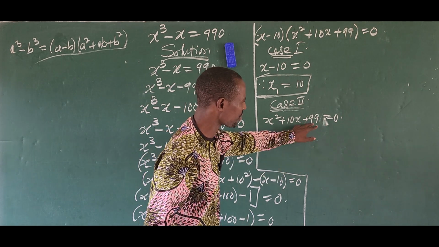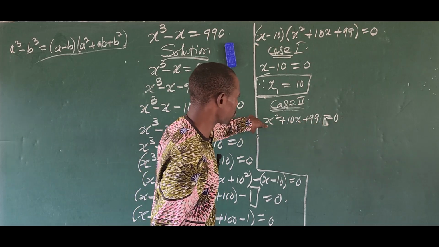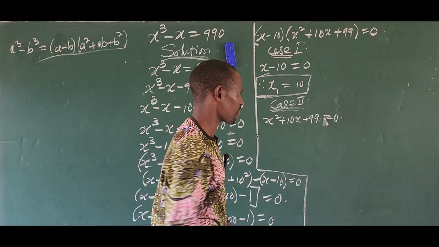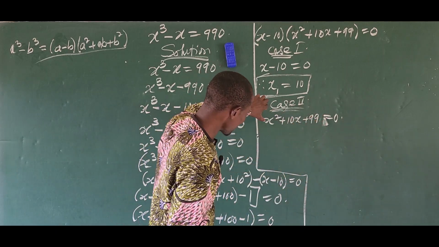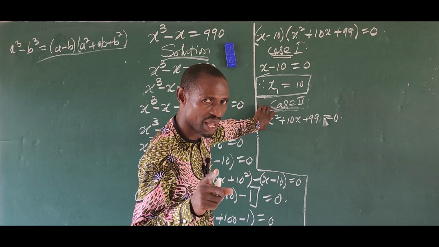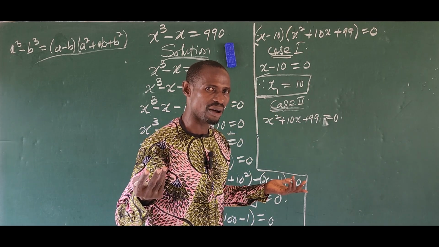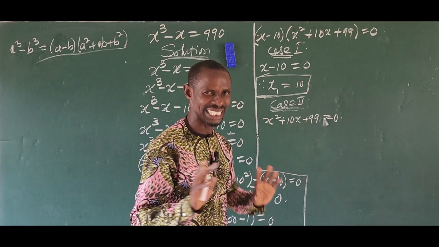We have to think of rewriting this 99 again with regards to this and this figure here. So I want to rewrite 99, or I think of a number that can add to this to get a number that is a perfect square. Good. So what perfect square will I go to add to this now to give me something like this? It is easy.